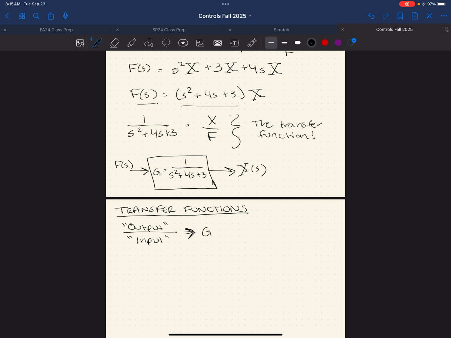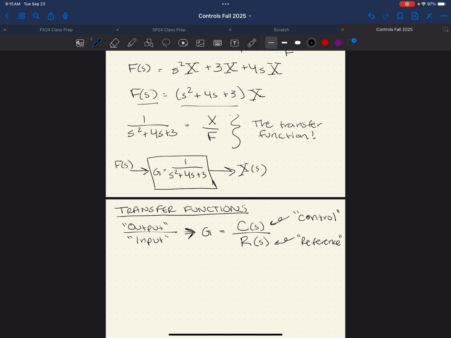Sometimes we say that this transfer function is G. Our output is usually C and our input is usually R, where C represents the control variable, and R represents the reference, or the input, however you want to call it.